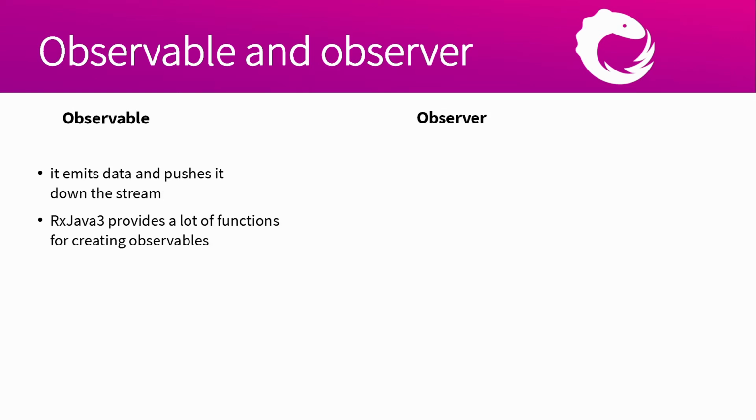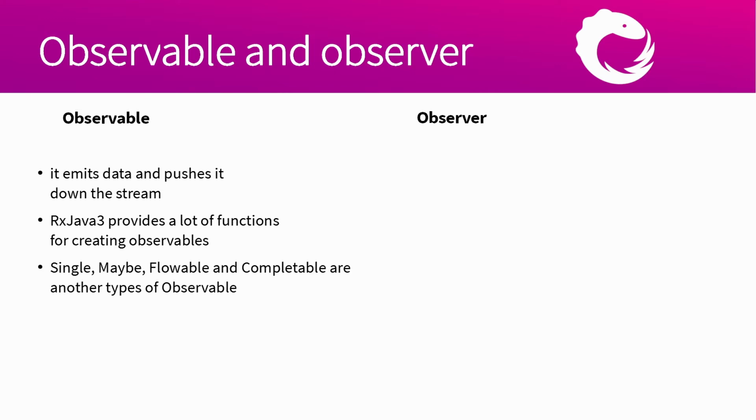If you want to create an observable, you need to utilize some of the functions provided by RxJava, and you can, for example, create observables from arrays, from lists, from a callable action, and of course everything depends on your use case. We have different types of observables, and each of them has its own specific purpose, and we'll be describing them in more detail in following videos.